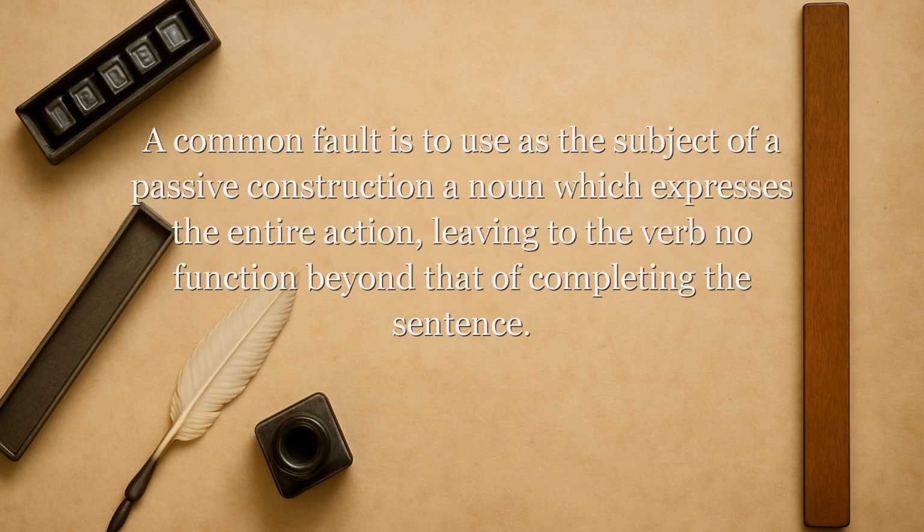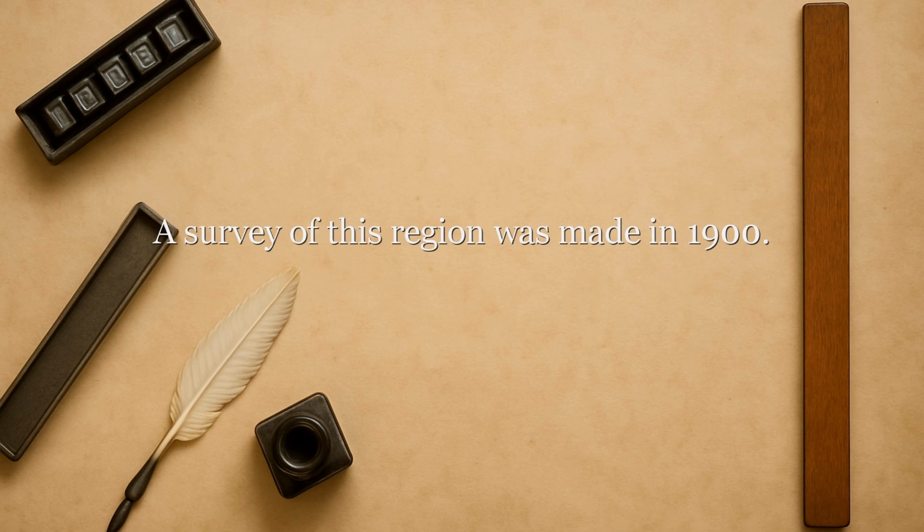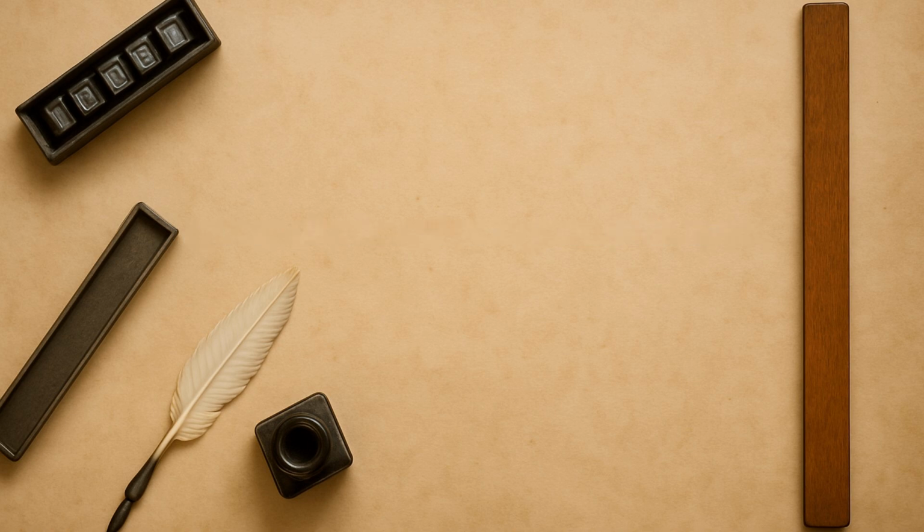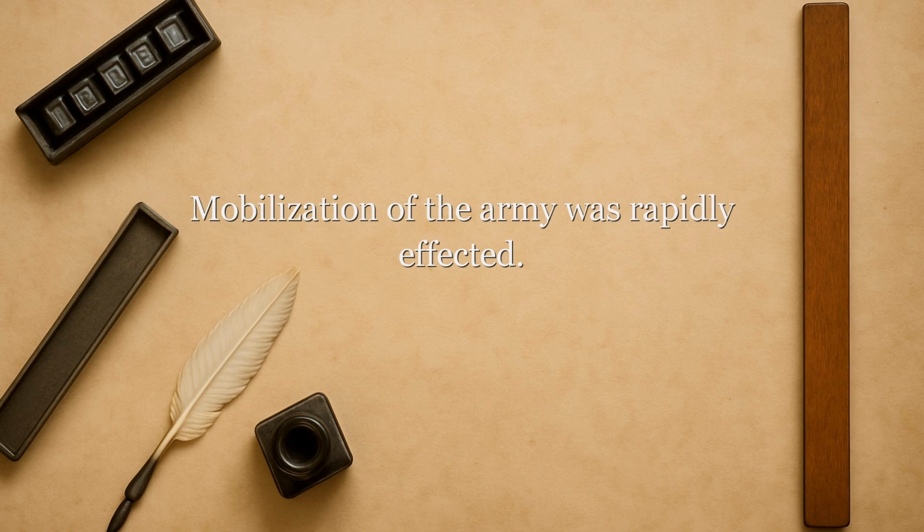the first. A common fault is to use as the subject of a passive construction a noun which expresses the entire action, leaving to the verb no function beyond that of completing the sentence. "A survey of this region was made in 1900." "This region was surveyed in 1900." "Mobilization of the Army was rapidly effected."